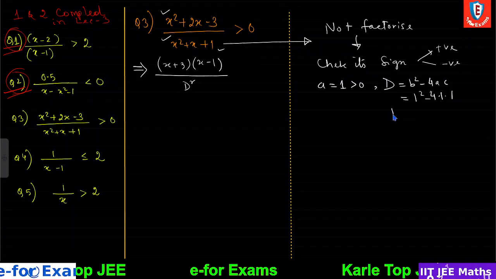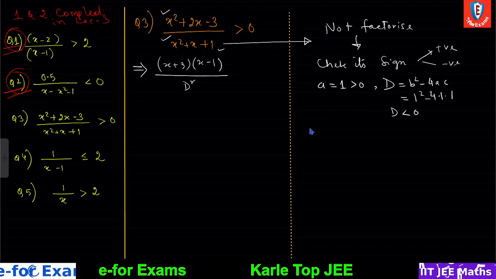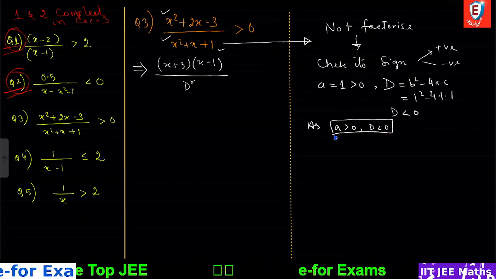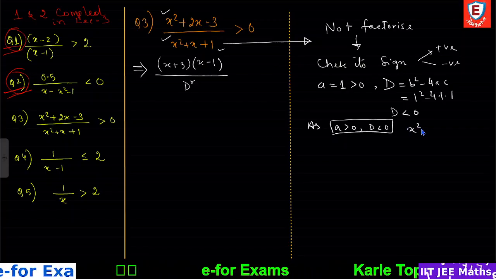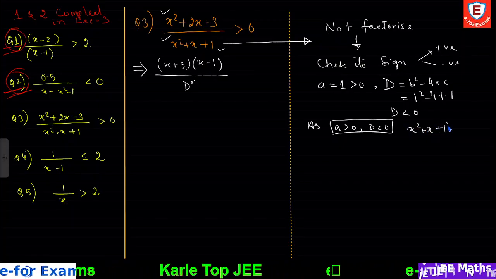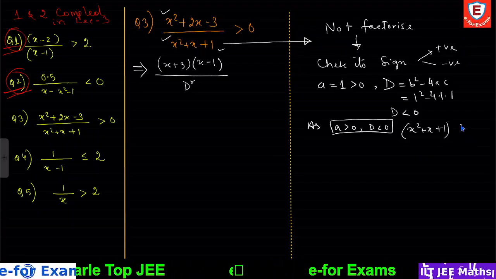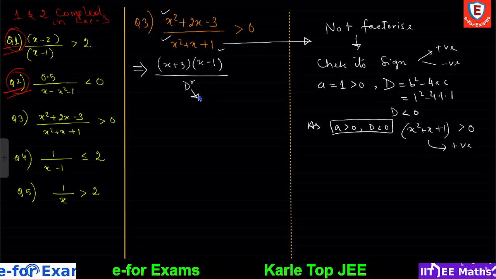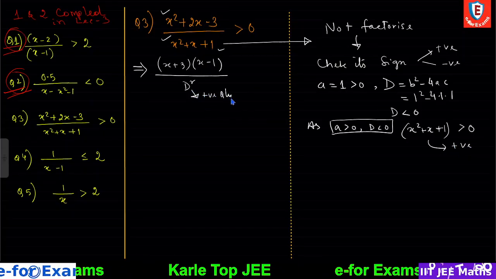So definitely D is less than 0. As A is greater than 0 and D is less than 0, this function as a whole, x square plus x plus 1, entire thing is greater than 0. That is positive.